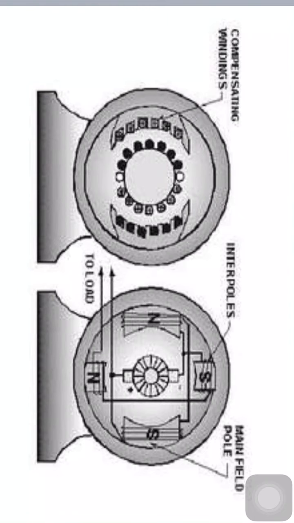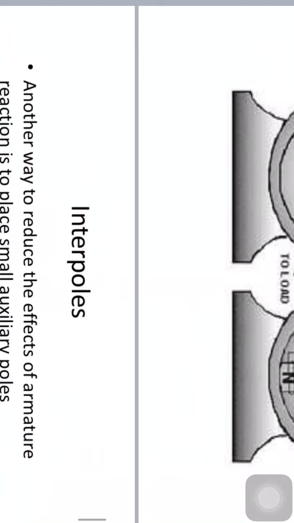A compensating winding is an auxiliary winding embedded in slots in the pole faces. It is connected in series with the armature in a manner so that the direction of current through the compensating conductors in any one pole phase will be opposite to the direction of current through the adjacent armature conductors.